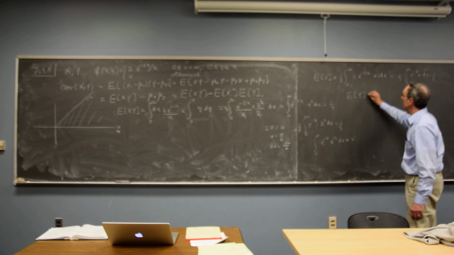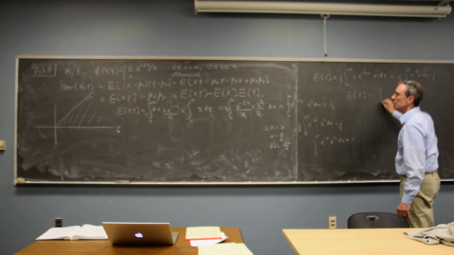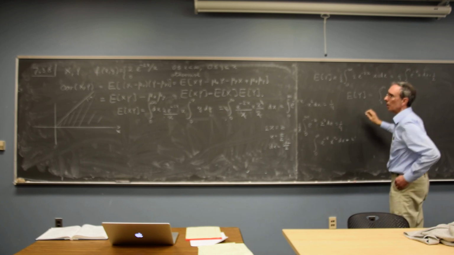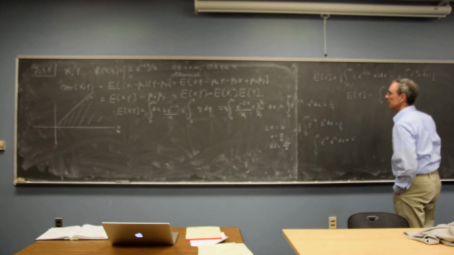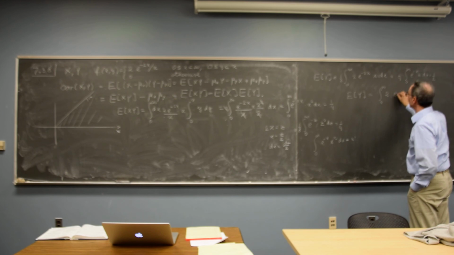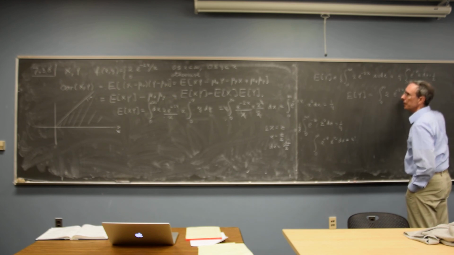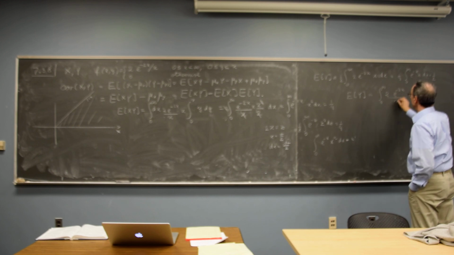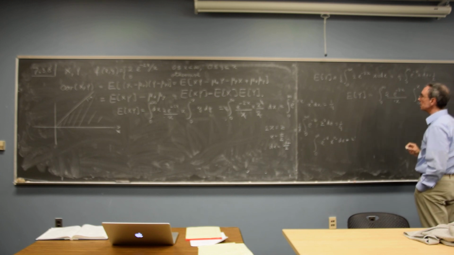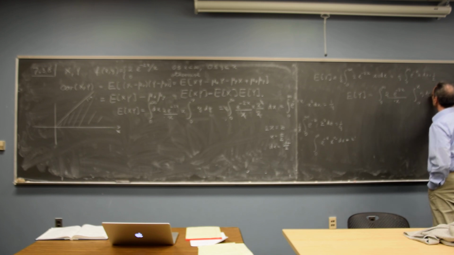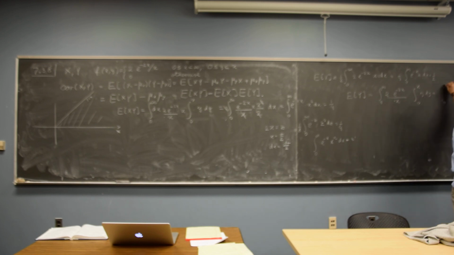So, E of y is the integral from 0 to infinity of, now we don't have this one. 2 e to the minus 2x, divided by x, and then there is the integral from 0 to x of y dy. This is the integral from 0 to infinity of 2 e to the minus 2x times x squared over 2.